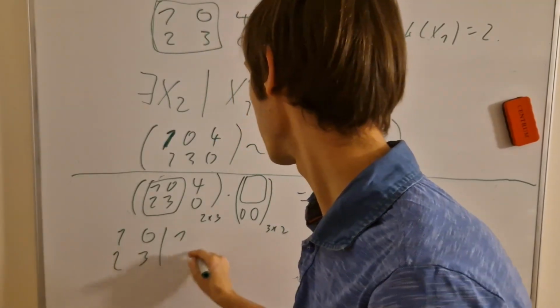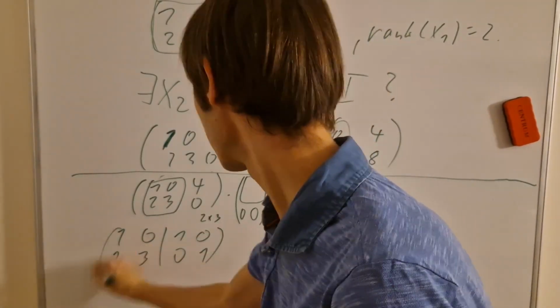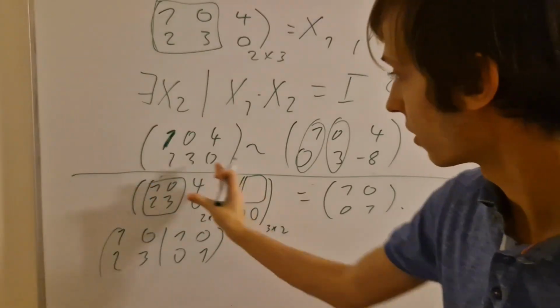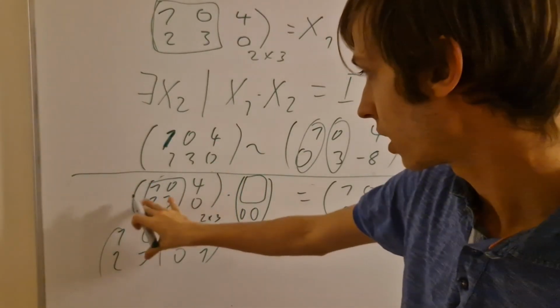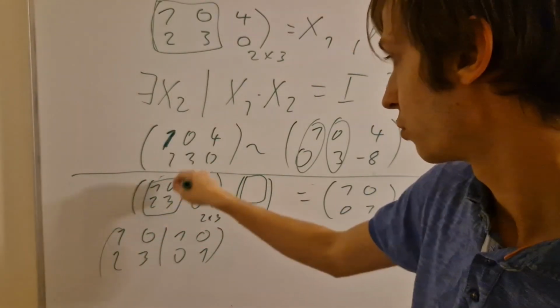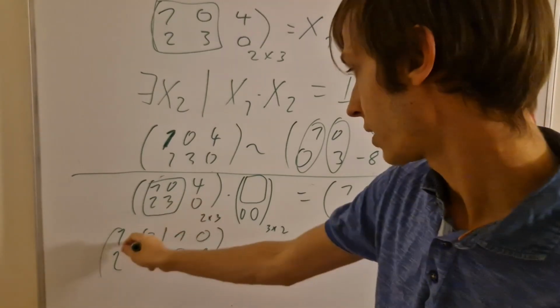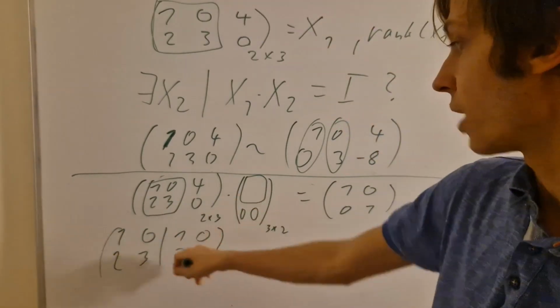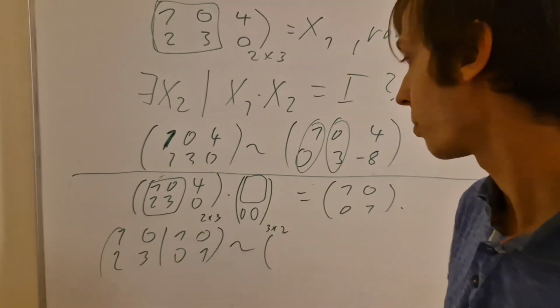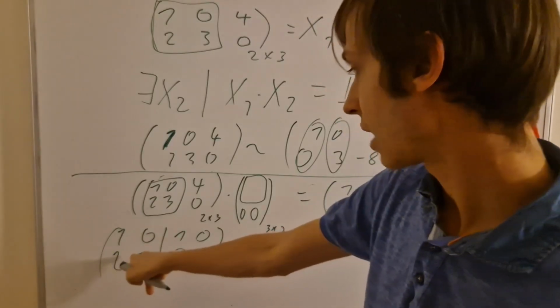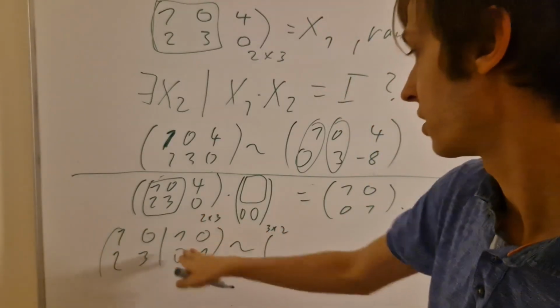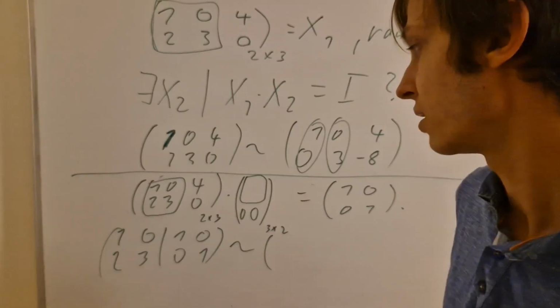That means put the identity on the right side, keep the block that we chose, the left block, from this matrix, these first 2 columns, unchanged, put the identity here, and perform row operations until this becomes the identity and this becomes the inverse.